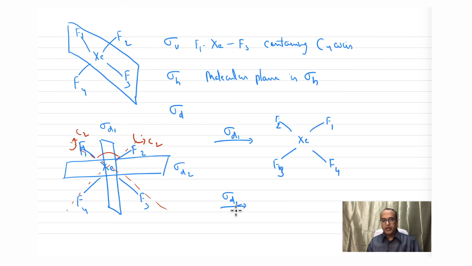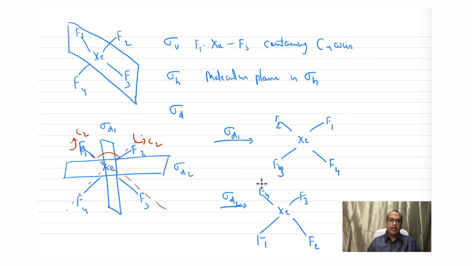Similarly, if we do sigma d2, F2 and F3 will be replaced. So F3, F2, and F1 and F4 will be reflected. So we have F4 and F1.